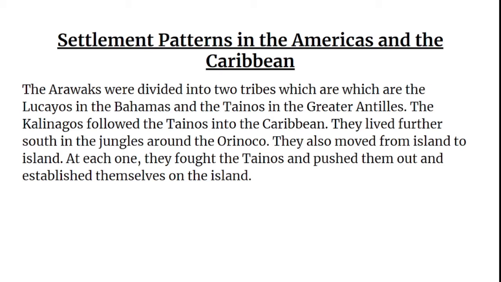But the Tainos are what we refer to most because they lived in the Greater Antilles, right? That means they were on all the big islands: Jamaica, Puerto Rico, Haiti, Dominican Republic, Cuba. And the Lucayos were in the Bahamas.